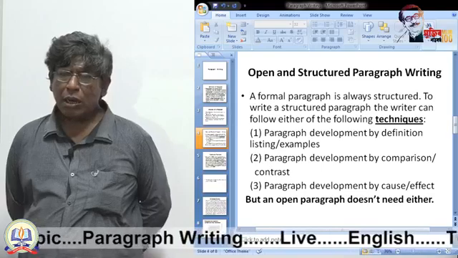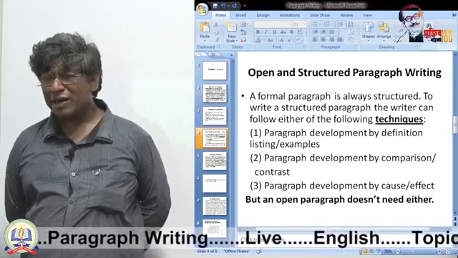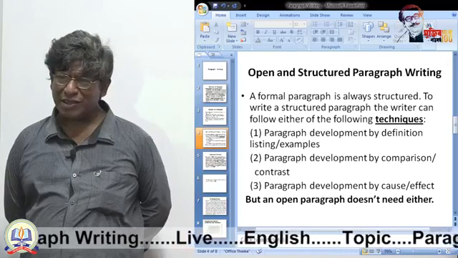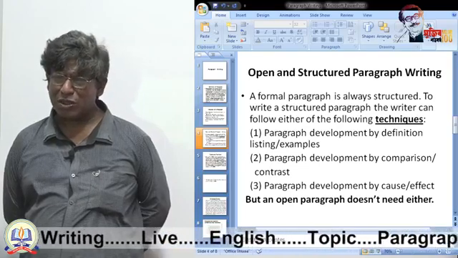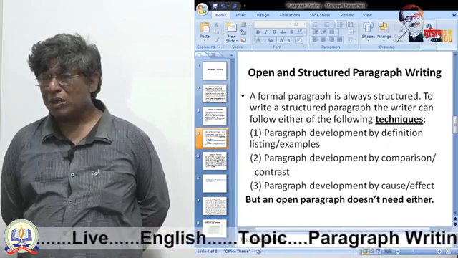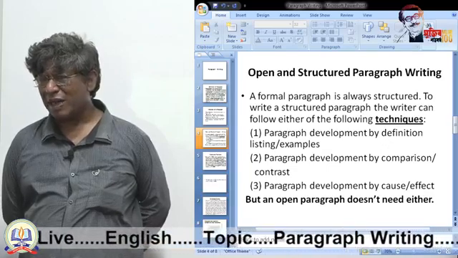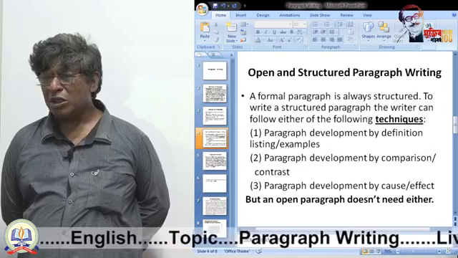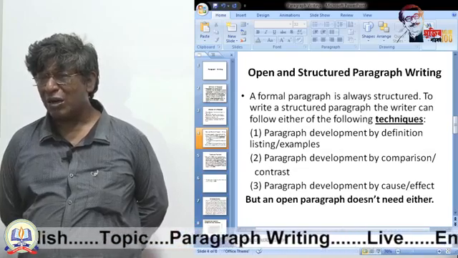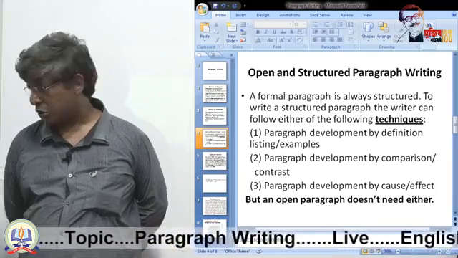And when we are asked to write a paragraph from our experiences or observations on certain events or aspects, we call them open paragraph, which does not need either of the techniques I have mentioned.